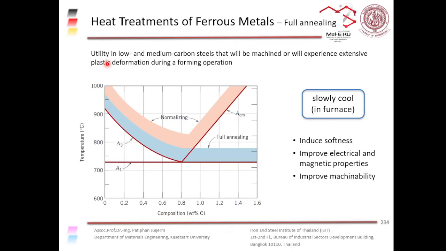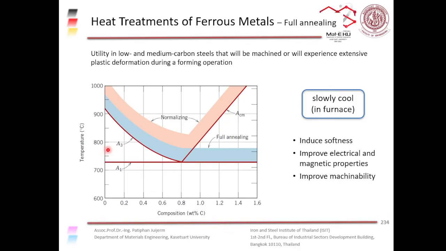Where's the beta phase? In fact, the beta phase is very similar to the alpha phase. It's got the same body-centered cubic structure as the alpha phase, but the only difference is that the beta phase is non-magnetic, whereas the alpha phase is magnetic.